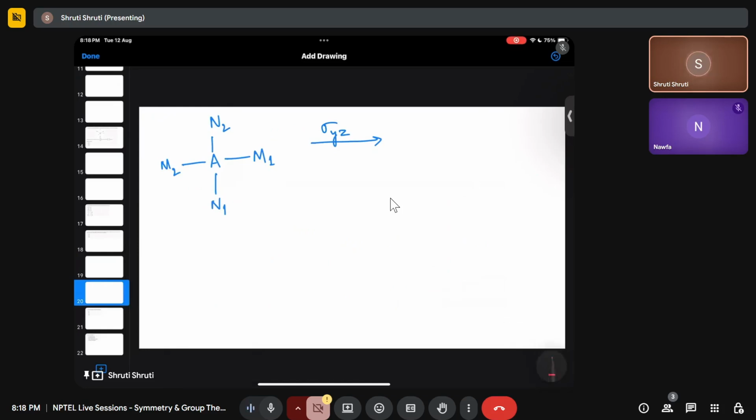Where is y? Y is top and z is like this, so it will be a plane like this, like a vertical plane on your paper or on the screen, passing through the screen.